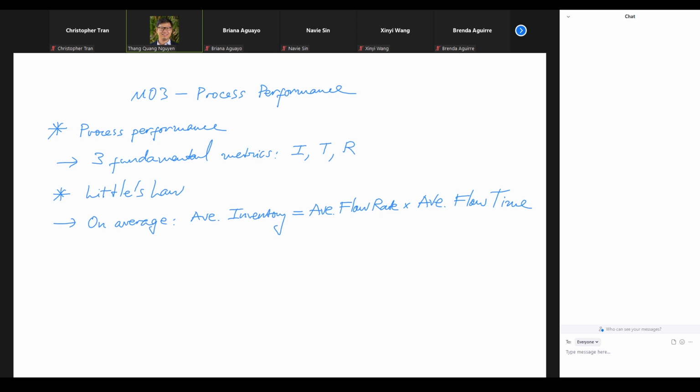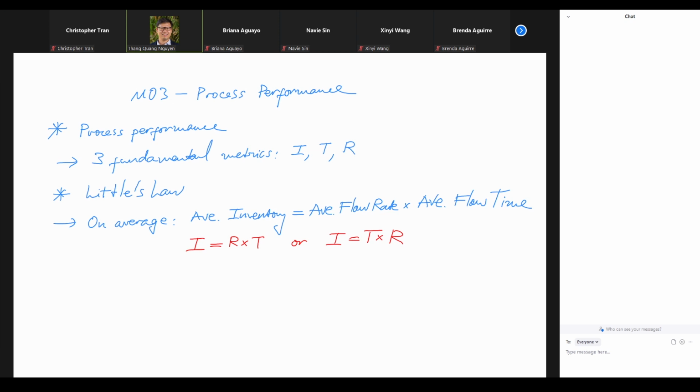To make it more succinct, we're going to talk about Little's Law as I equals R times T, or I equals T times R. It doesn't matter which order it goes, because multiplication is commutative, which means that the order of operation doesn't matter. All right, so that's Little's Law, right? On average, the three numbers will be tied together by this equation. And again, it is proven mathematically, so it should be correct if we talk about the average or the averages.